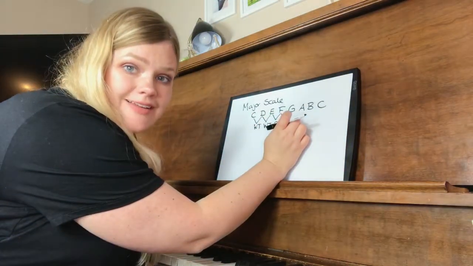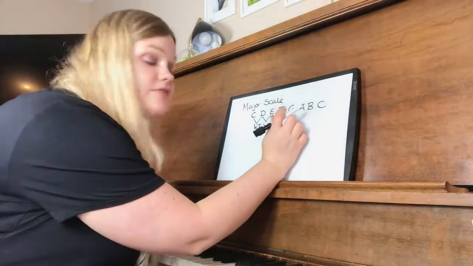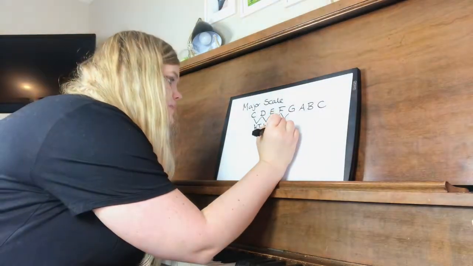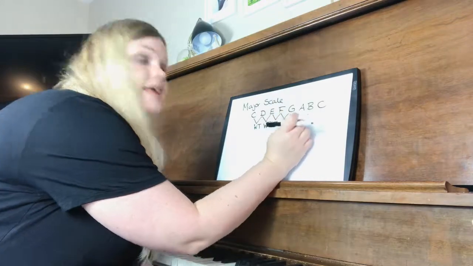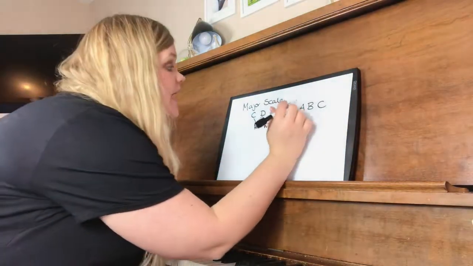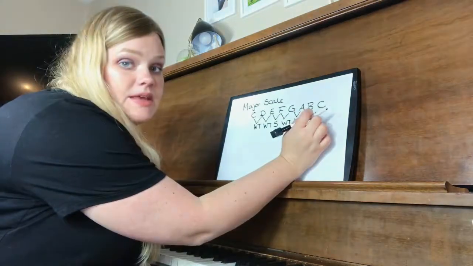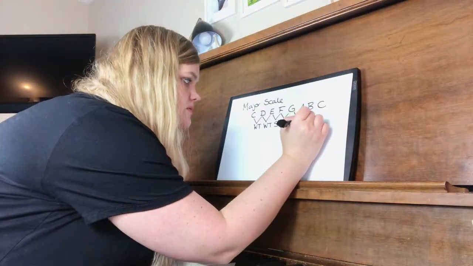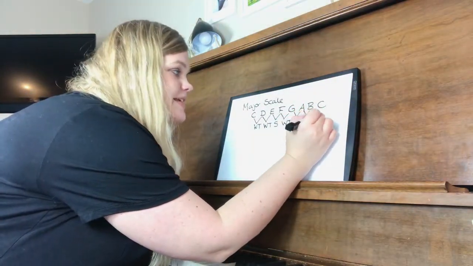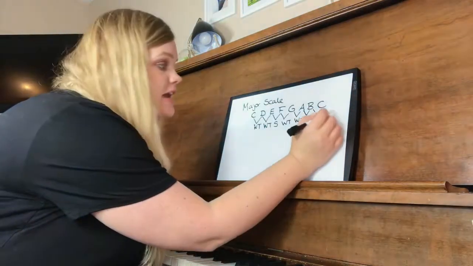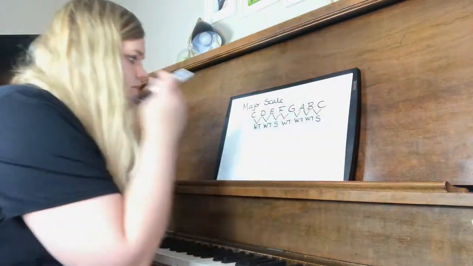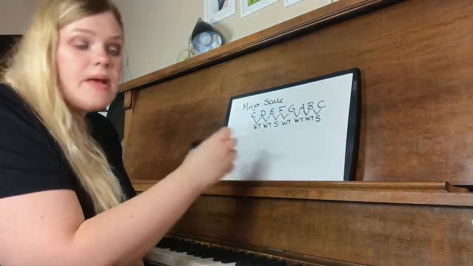Between the F and the G, we have a whole tone. Between the G and the A, we have a whole tone. A and B, whole tone. And then our B and C is a semitone. And you will have the same pattern throughout.